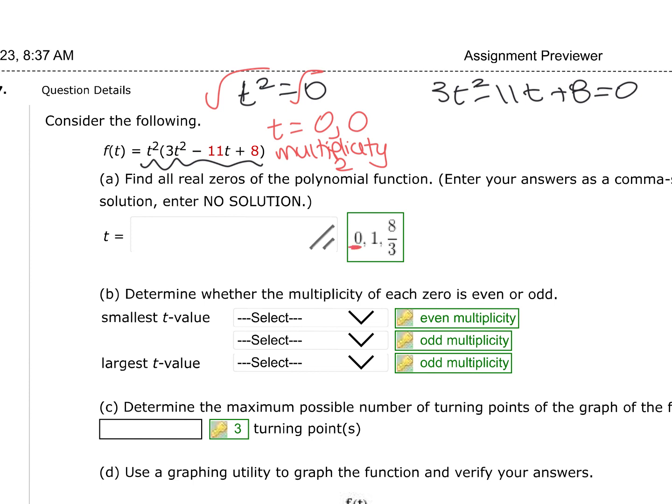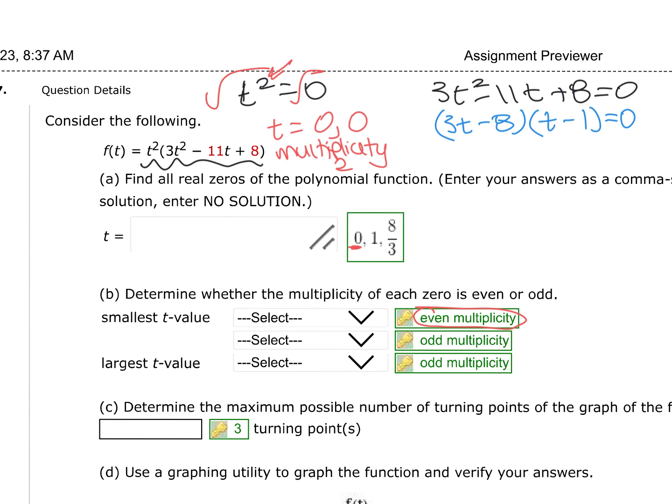And you can see that this one is an even multiplicity because it had this squared on it. All right, now to solve this one, I can do factor by grouping and set it equal to 0, and I would get 3t minus 8 and then t minus 1. All right, so if I worked out the factor by grouping, that's what I would factor it to.